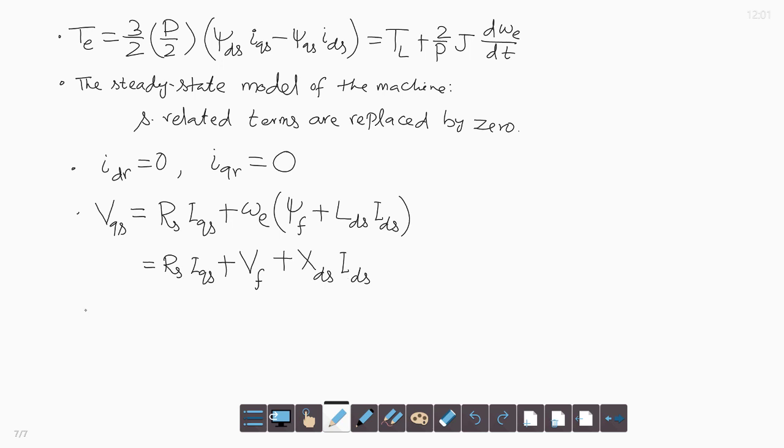Where psi f is LDM into IFR and Vf is omega E psi f, that is omega E LDM IFR.